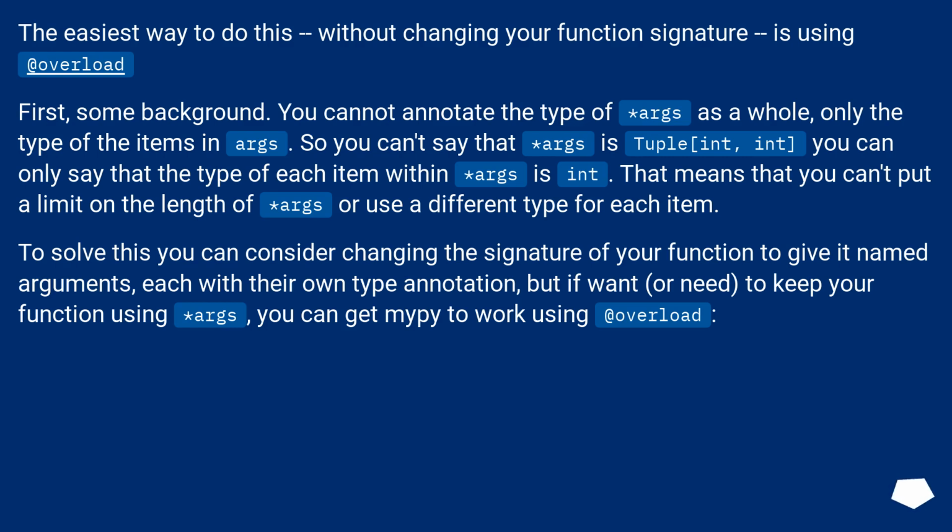To solve this, you can consider changing the signature of your function to give it named arguments, each with their own type annotation, but if you want, or need, to keep your function using args, you can get MyPy to work using @overload.